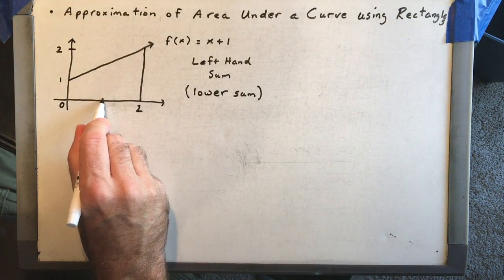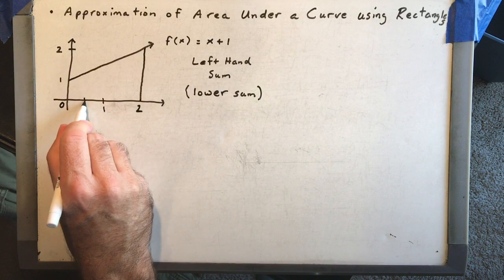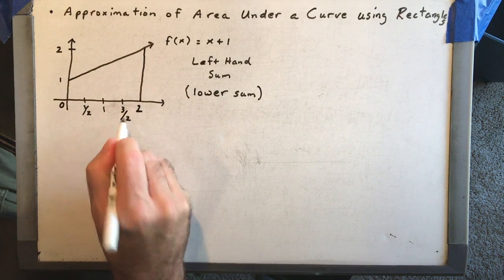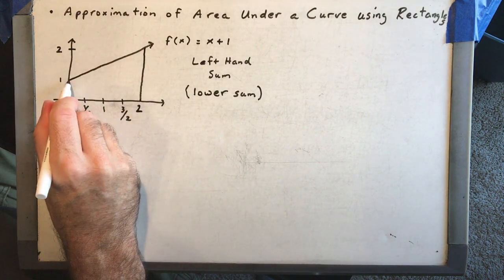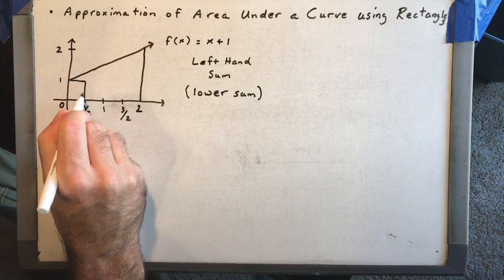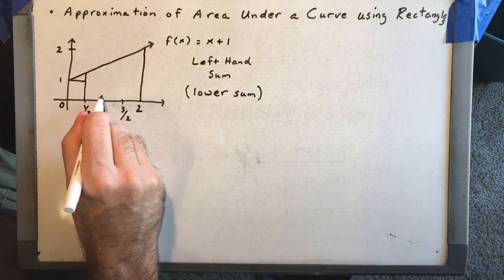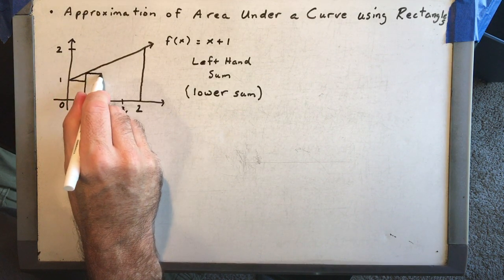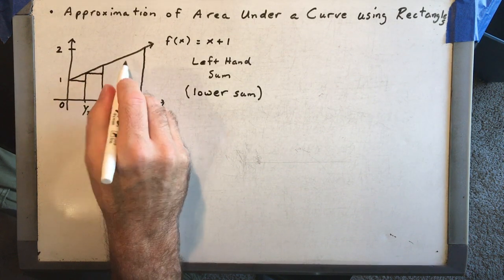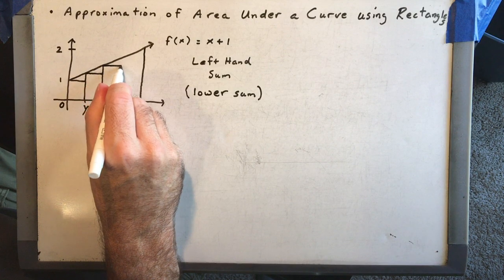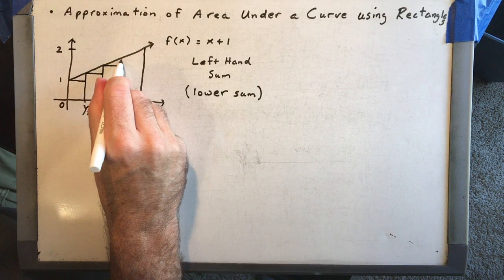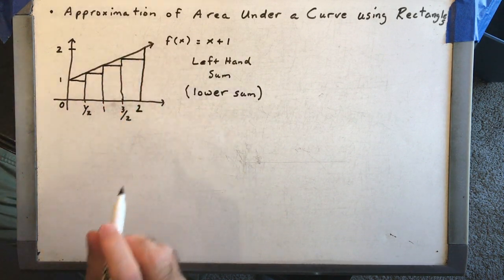So I'll have a 1 here, a 1/2, and a 3/2. So our rectangles would be like that, like that, like that, and like that.